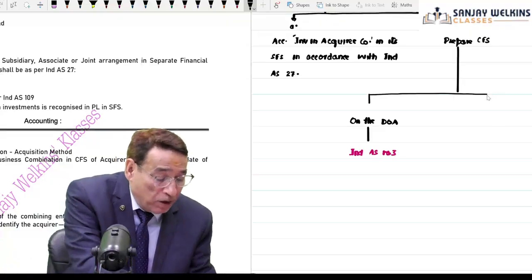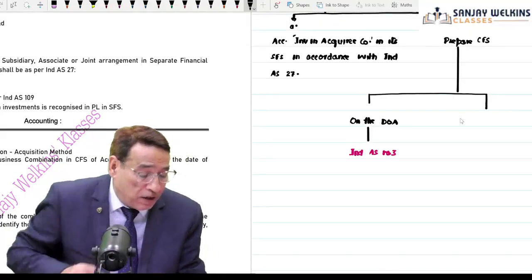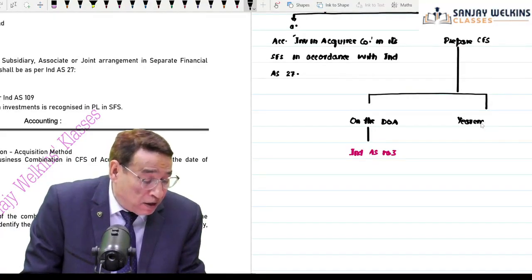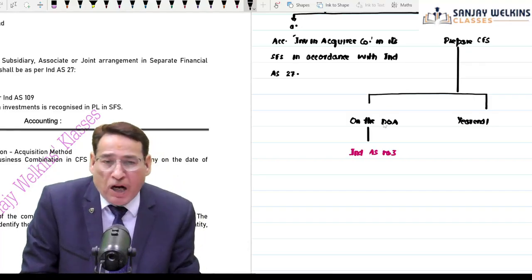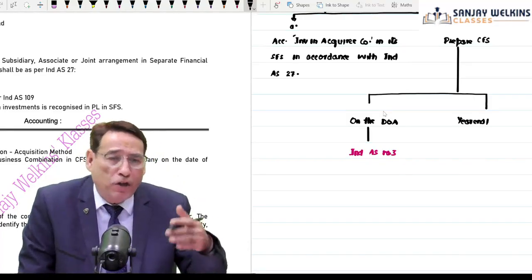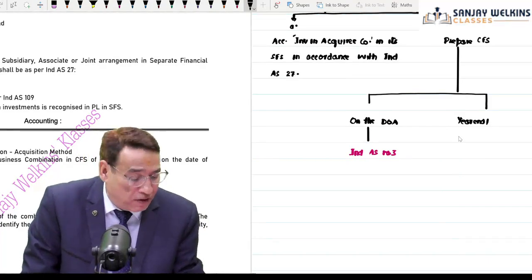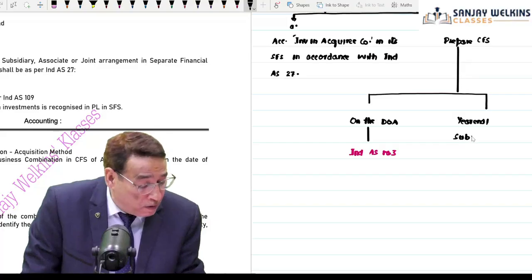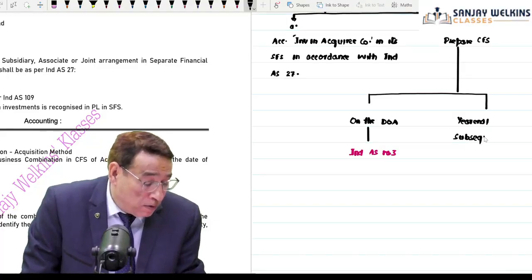Besides that, you are going to prepare the consolidated balance sheet, the consolidated financial statement, at year end and subsequent year end. That means after the date of acquisition, whensoever you prepare the consolidated financial statement, it will be at year end and subsequently.